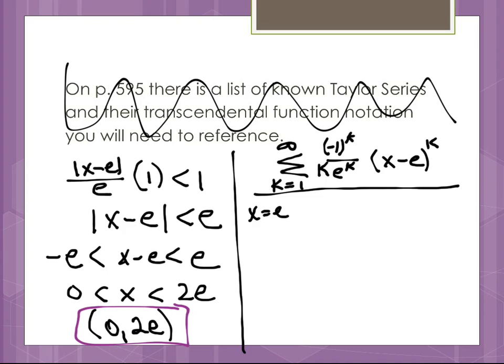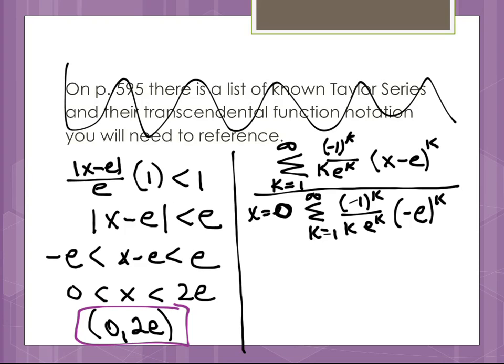So if x is equal to 0, this is the summation from k equals 1 to infinity of negative 1 to the k, and then I've got a k and an e to the k in the denominator. And then I'm going to have a negative e to the k over here when x is 0. Oops, that should have said x equals 0.